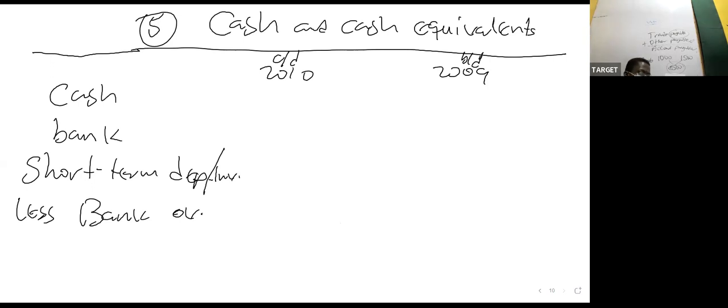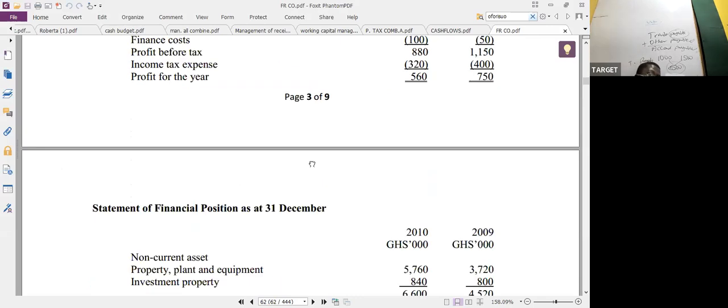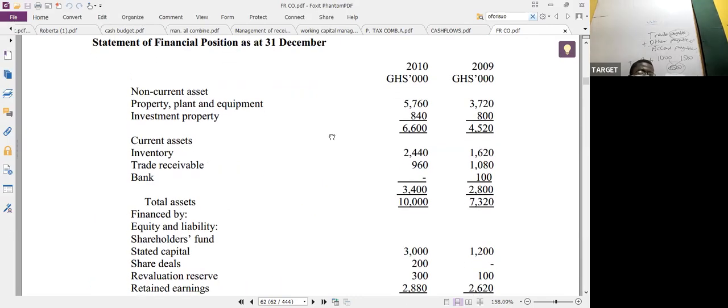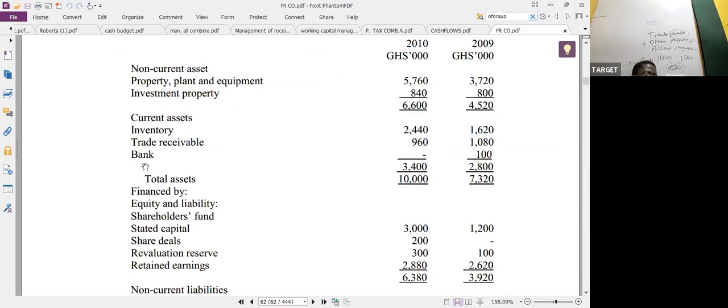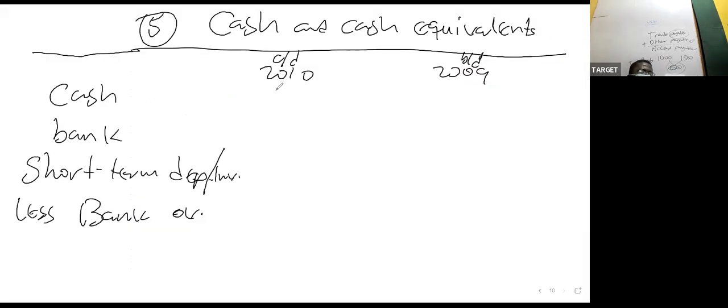Let's go through more questions. What am I looking for? Cash balance. Where is the cash balance? Among the current assets, there's no cash. So if there's no cash, I'm going to put dash and dash. There's no cash in this question. The mere fact that this question does not have cash does not mean that your exam question will not have cash inside. Agreed. Okay.